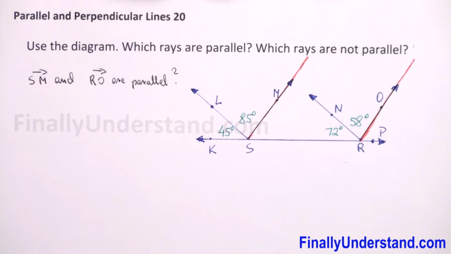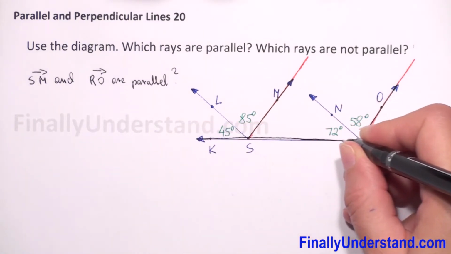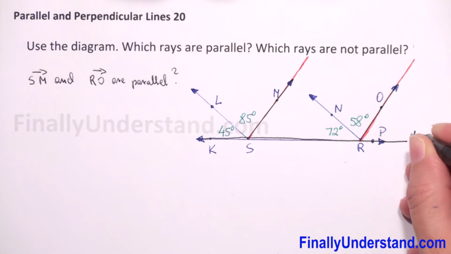So we will use here the consecutive interior angles converse: if two lines are cut by a transversal, and this is our transversal T, and the consecutive interior angles are supplementary, then the lines are parallel.